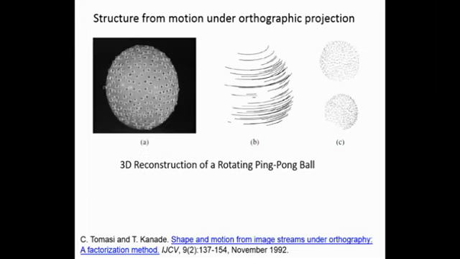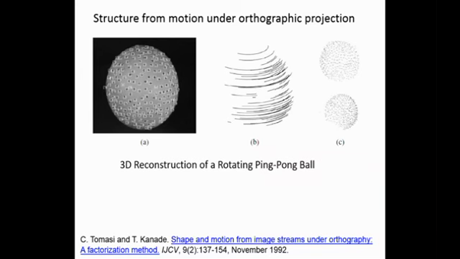Okay, so the other method I'm going to tell you about is called affine structure from motion, or structure from motion under orthographic projection. And it's kind of a cute idea. Now you have a different model for your camera. You're assuming that you're far away from the object, so that depth isn't going to affect its appearance.